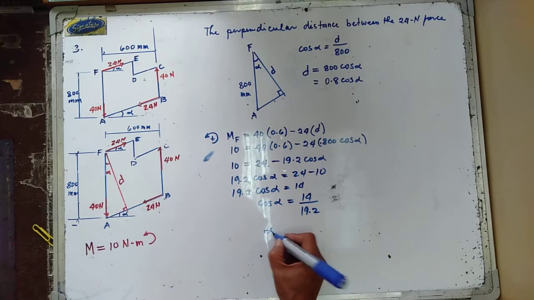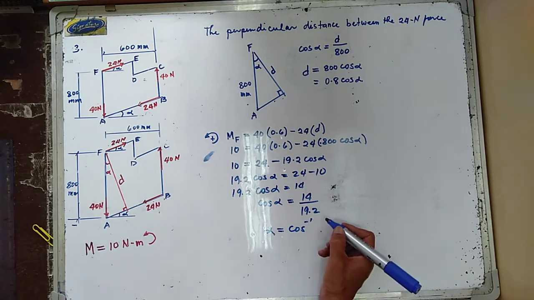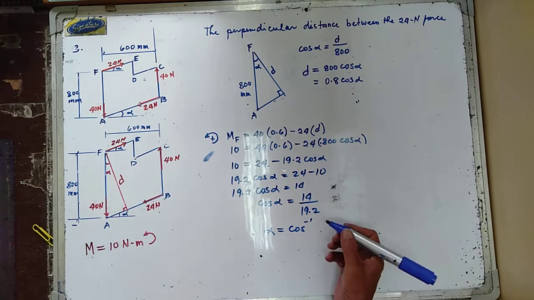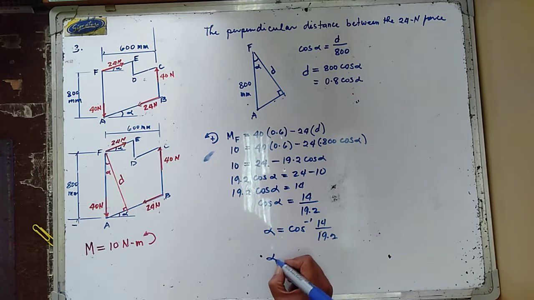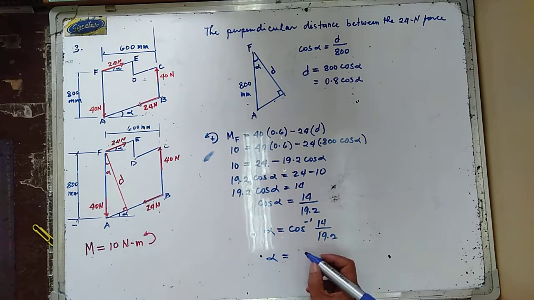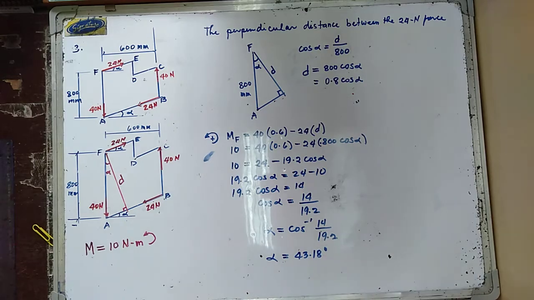Hence, alpha is equal to the arc cosine of 14 over 19.2. Hence, alpha is equal to 43.18 degrees.